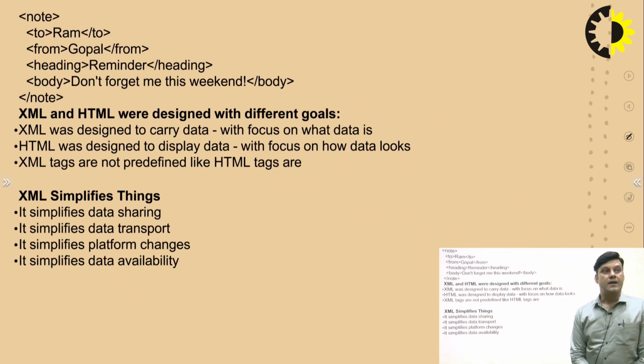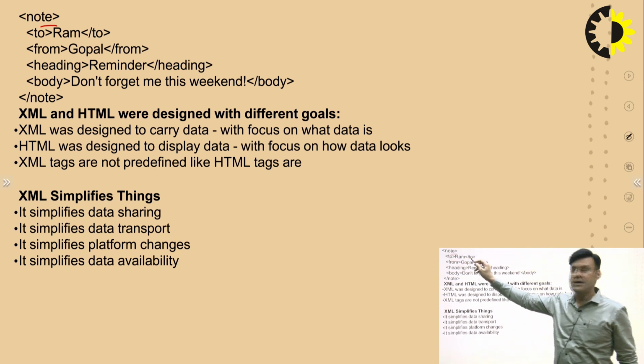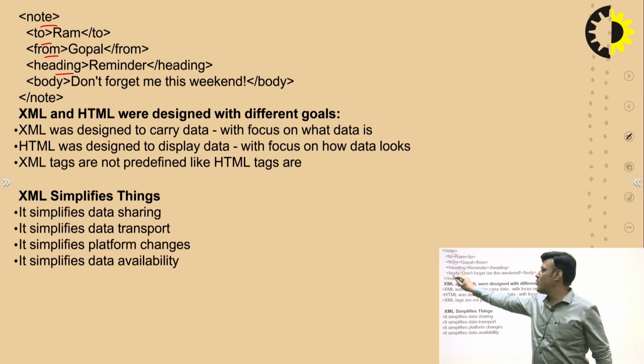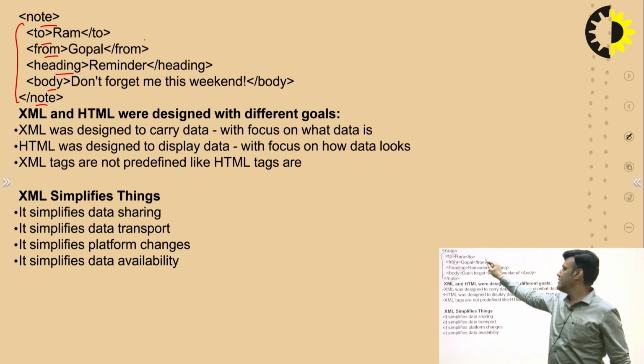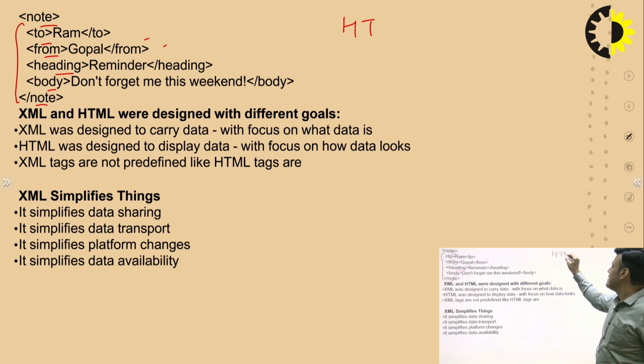Now for example, I have used here a to tag, a from tag, a heading tag, a body tag, and at last I have closed this note. All the tags are closed, right? So there is another major difference between HTML and XML.